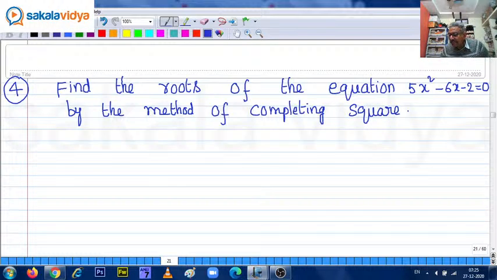Okay, solve this problem. So who will give the answer? I will check it now.